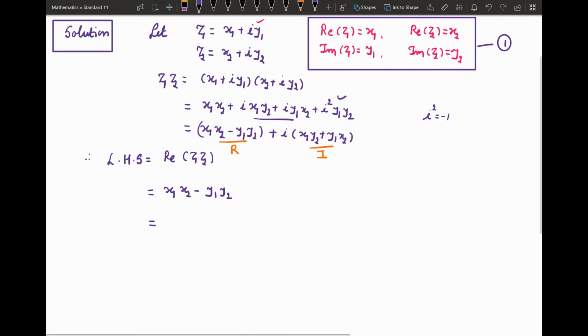According to result 1, x1 is real part of z1, x2 means real part of z2, y1 means imaginary part of z1 and y2 means imaginary part of z2.